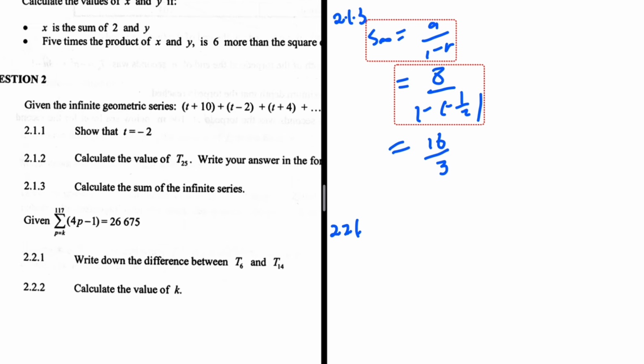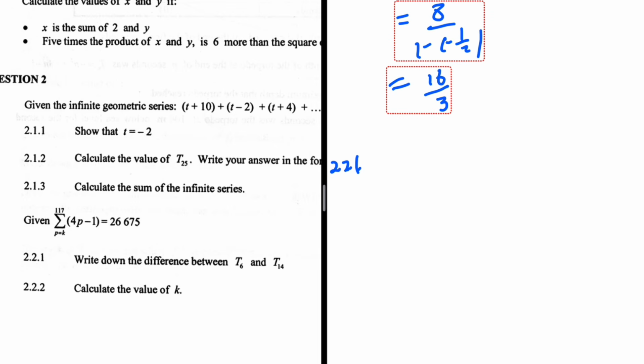I actually cannot write down. I have to calculate. I don't know if write down implies that you must just write your answer, like no need for a calculation, or calculating is prohibited. I don't know if that's what it implies, but I get the answer when I calculate. I don't know about just writing it down. Maybe you guys can help me in the comments. Maybe there's something I'm missing.